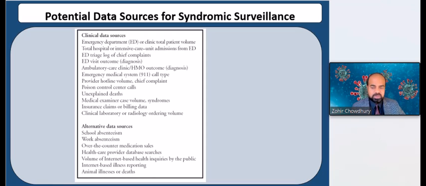So the data sources are this type of data sources. And there are also these alternative data sources that have low specificity, however, high probability of influencing factor, and sometimes it can also be difficult in retracing specific data.